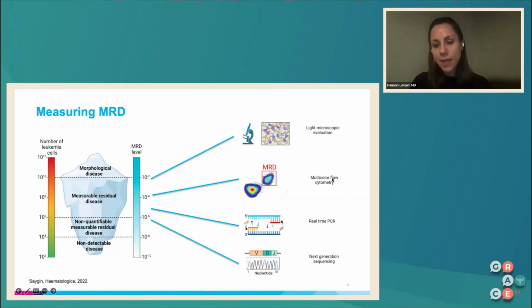And then even deeper than that, in some disease states, we can actually use something called next generation sequencing, where we're sequencing disease-specific portions of the DNA and can detect really, really tiny amounts of disease down to one leukemia cell or one diseased myeloma cell out of 1 million cells that are evaluated. So we have very, very sensitive MRD detection methods to determine how deep somebody's remission is.